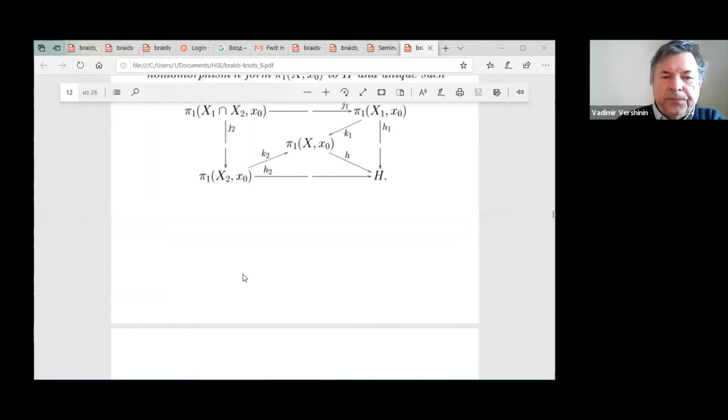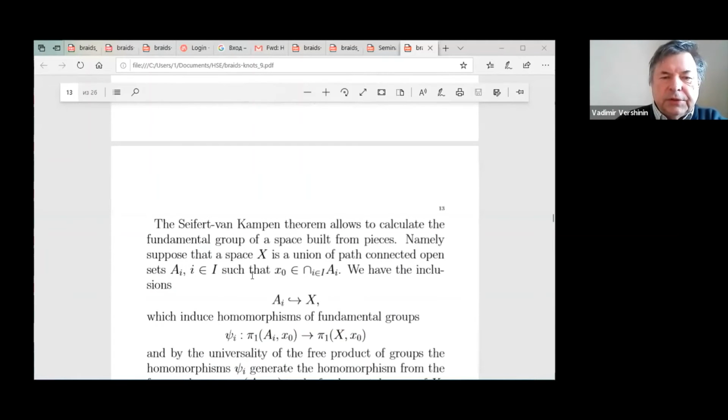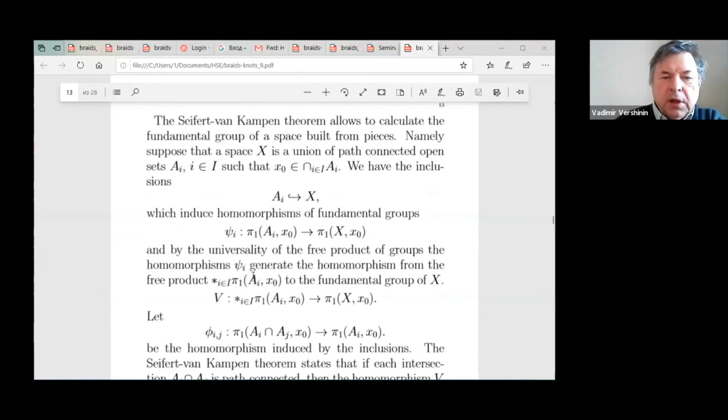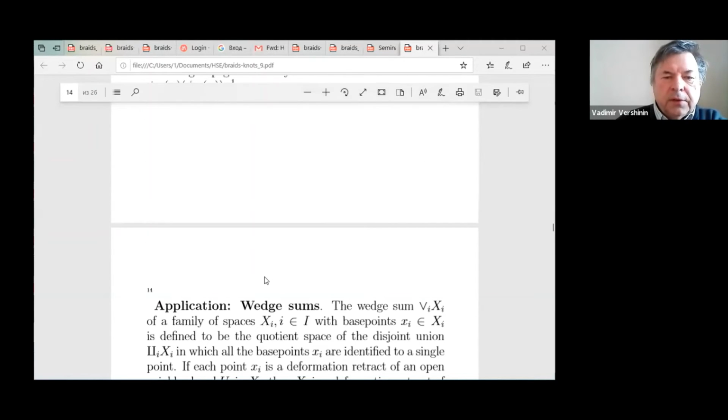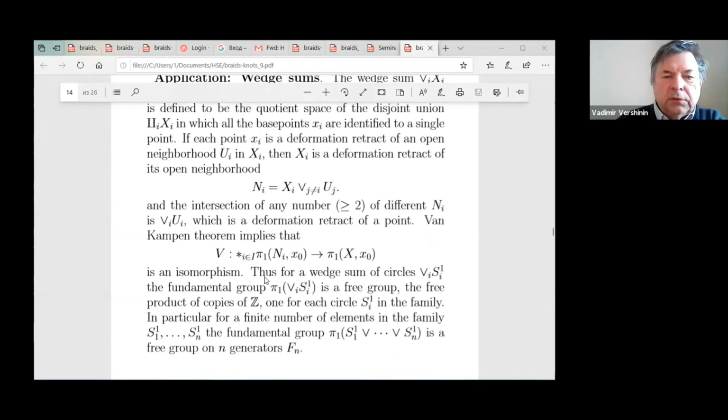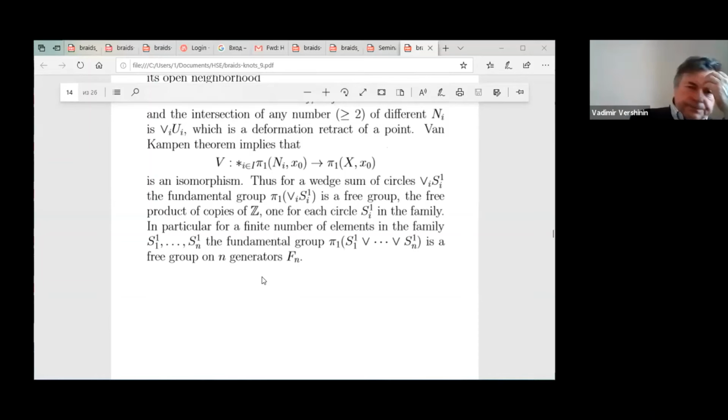I will just explain how to calculate using the Seifert-Van Kampen theorem.